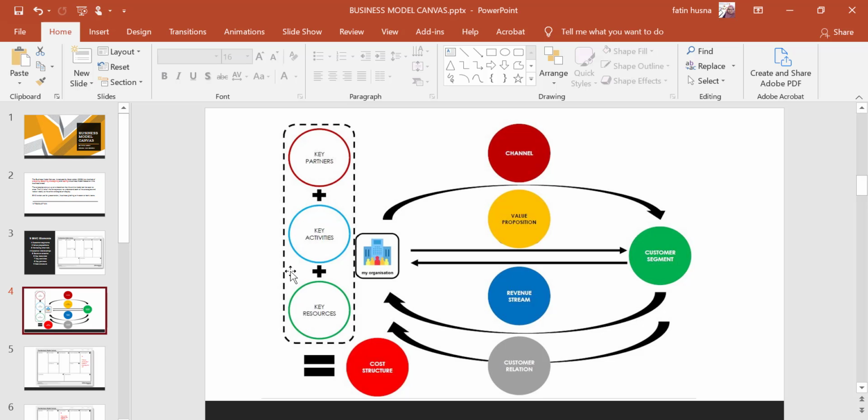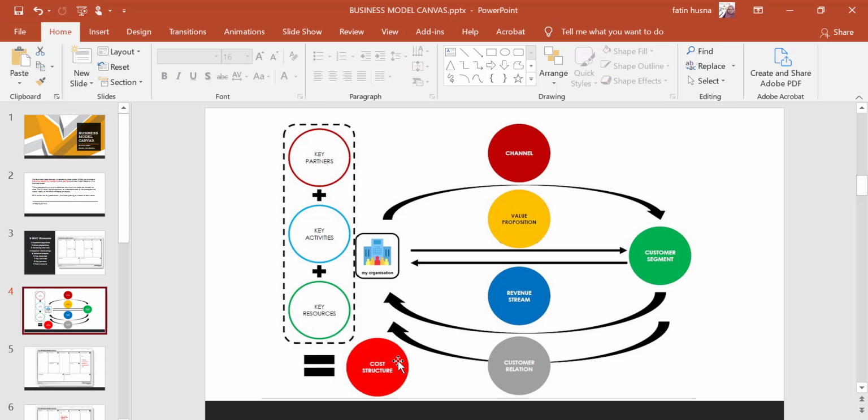For example, you put packaging in the cost structure, but you do not put any packaging supplier in any of these, which is not really accurate.